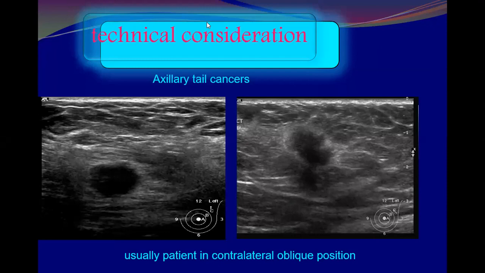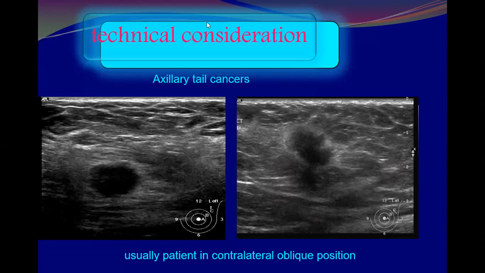While you are scanning the breast, don't raise your probe and jump to put it in the axilla. Just sweep it continuously. If the breast tissue is not discontinued, and it goes with you from the axillary tail up into the axilla, and the breast tissue is continuous, then you are dealing with axillary tail lesions.